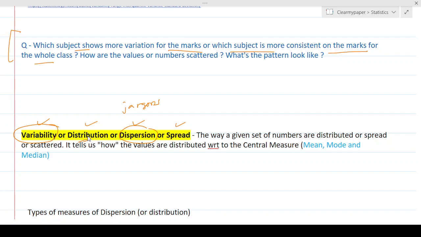So basically, the way a given set of numbers is distributed, spread or scattered tells us the how part. It tells us how the values are distributed with respect to the central measure. It could be any central measure. In the above examples we took the mean, but it could be any measure defining the central tendency, such as the mode or the median.